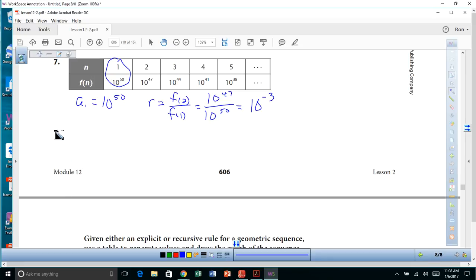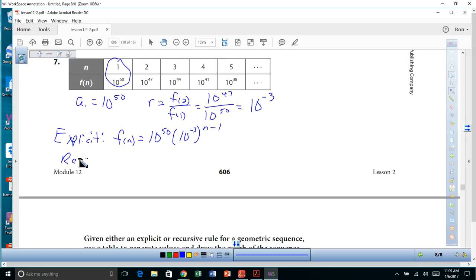So the explicit form will be f of n equals 10 to the 50th, which is a, times r, which is 10 to the negative 3, to the n minus 1 power.